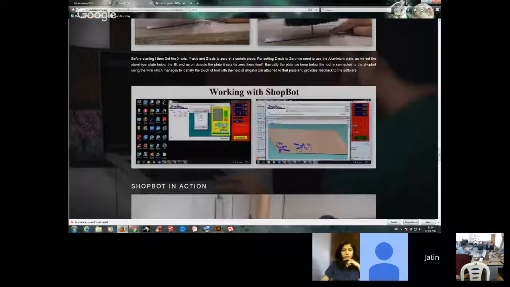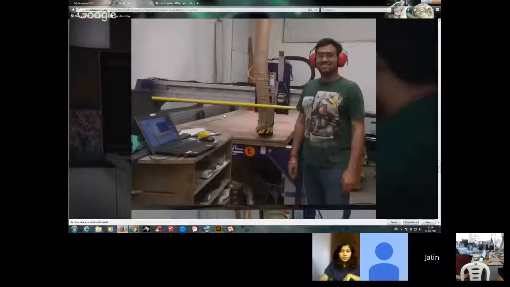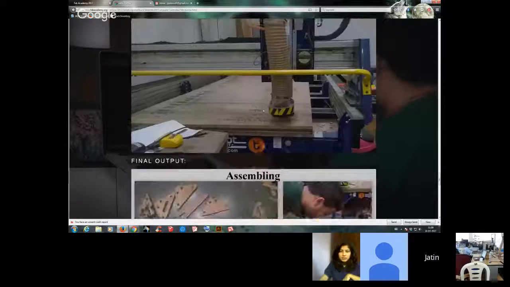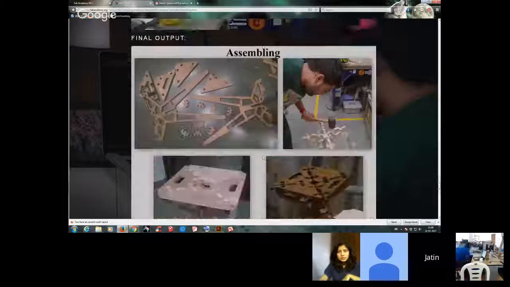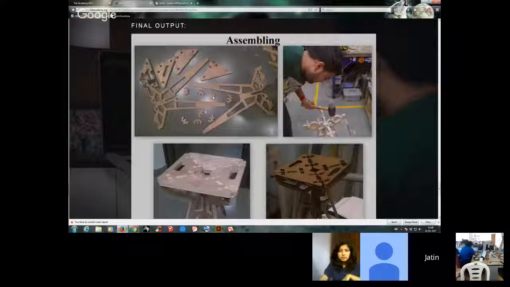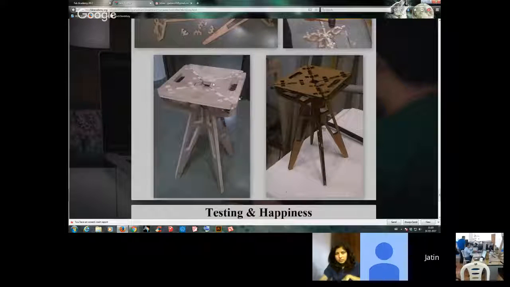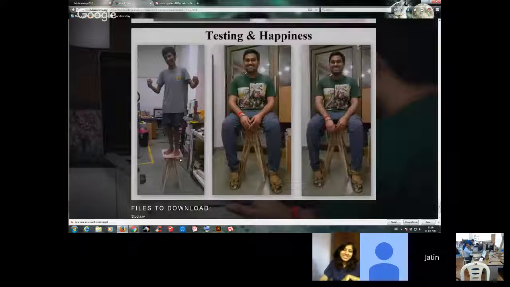Then I started cutting on the Shopbot. This is where the Shopbot was working. After cutting, this is what I get, and I assembled it. This is my Shopbot cut part, this is my laser cut part, and this is the final part while testing.